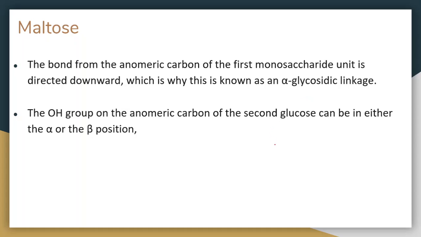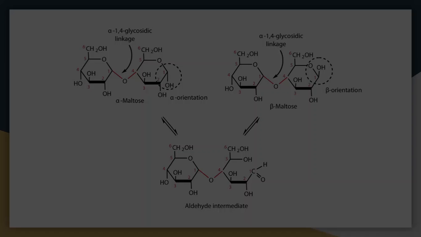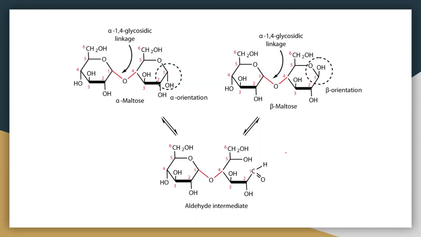The OH group on the anomeric carbon of the second sugar can be in the alpha or beta position. Over here, this is beta orientation and this is alpha orientation. If it is below the plane of the ring, it is alpha, and if it is above the plane of the ring, it is beta.